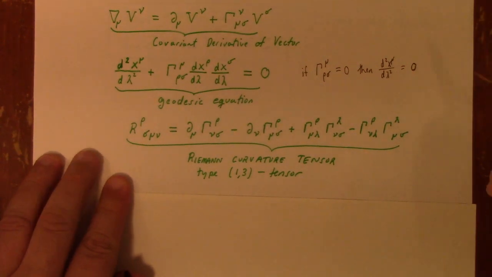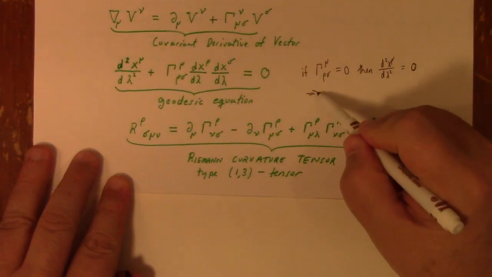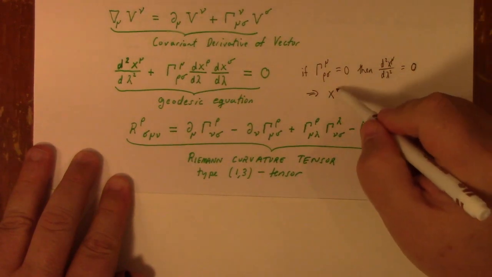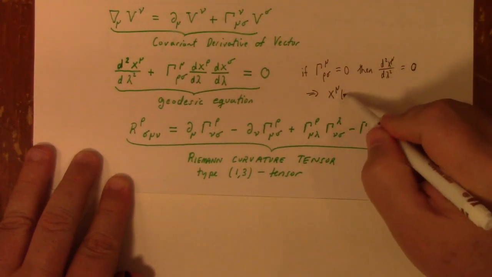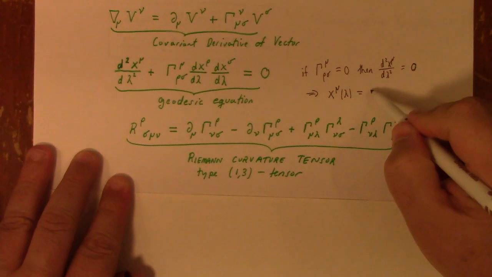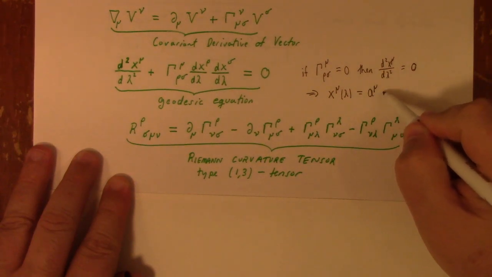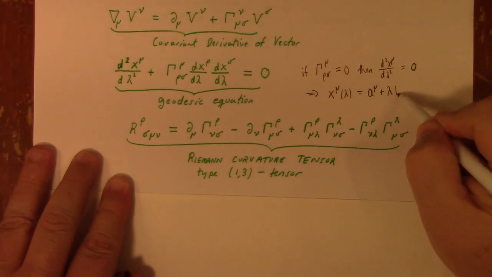So if we integrate twice, we get x mu as a function of lambda is just equal to some constant vector a mu plus lambda b mu.